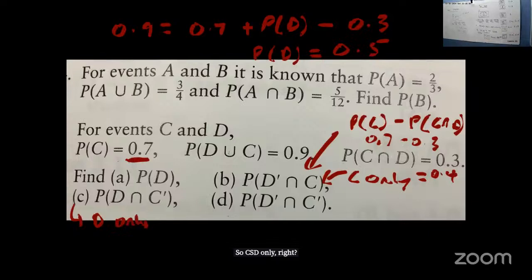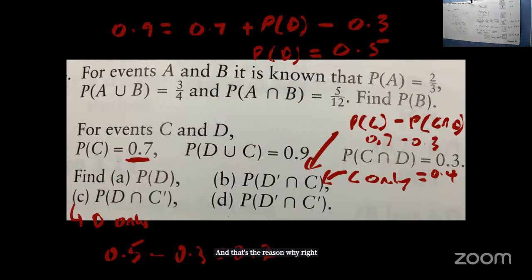So you're taking D, which is 0.5, and you're minusing the intersect, and the intersect was 0.3. So yes, the answer that you saw there was correct. 0.2. And that's the reason why.